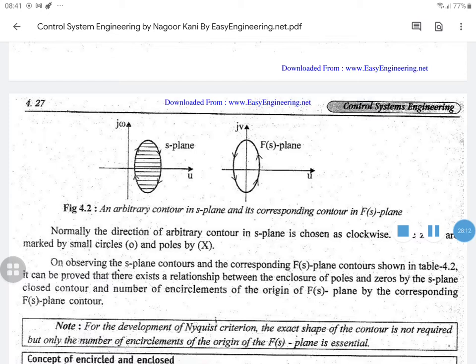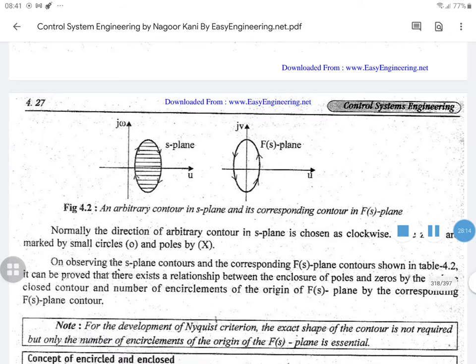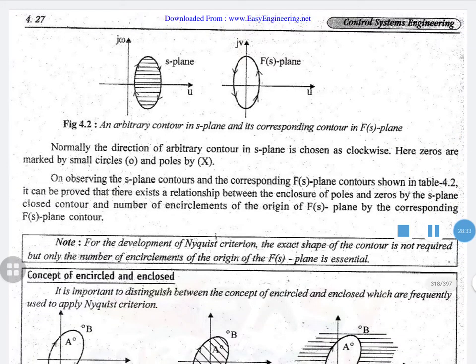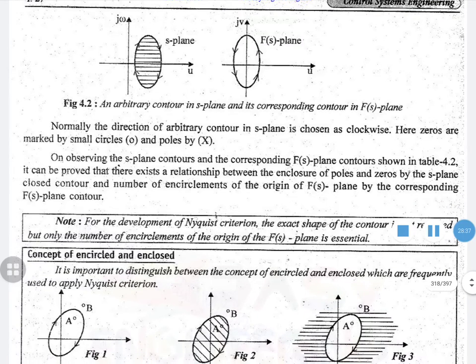That happened. Okay, so j omega and sigma. This contour which is dashed, the corresponding F(s) plane you can see here, it is converted into a contour which encircles the origin. So this is what we are doing: we are converting the s plane into the F(s) plane, and you are calculating the stability depending on the encirclement.